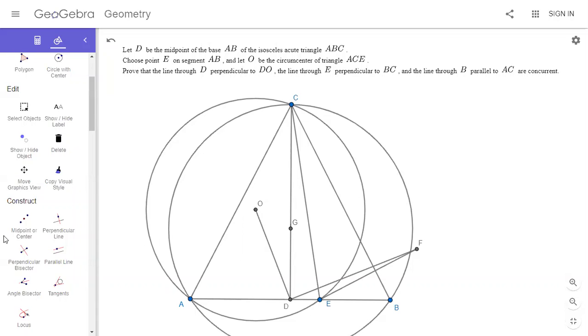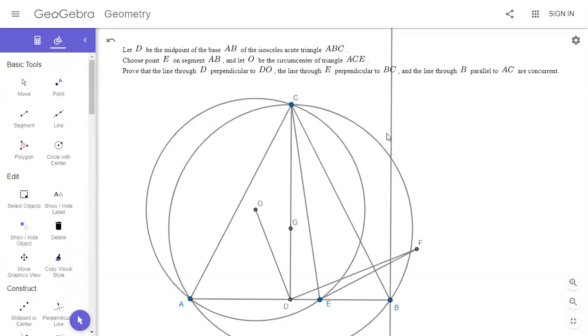But if we take the angle bisector here, maybe I'll just draw that in. Basically, we want to show BH.